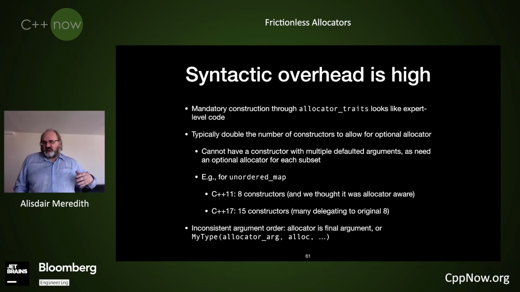And generic code now trying to say, is this thing allocator aware? I'll go through the user's allocator trying to say, does this type support my allocator? Great, now I have to sniff out, is the allocator passed as the last argument, or as the first with this different convention, or is the constructor not there, so I have to go back to being allocator unaware? So the syntax associated with this is much more expert friendly than we would like it to be. It's much fussier than we would like it to be.